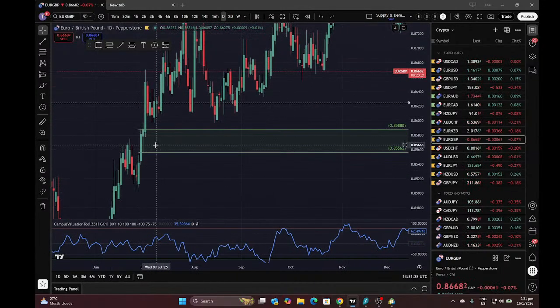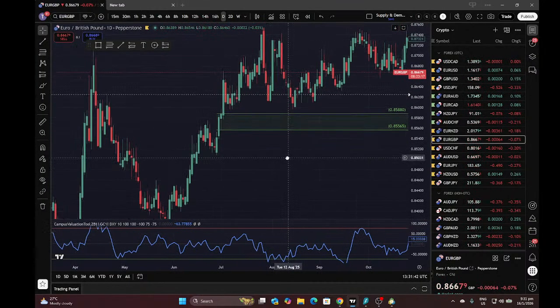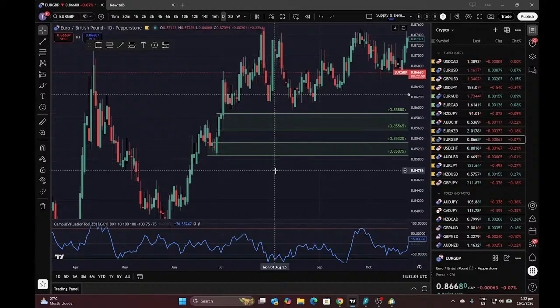This is a rally base rally, and for rally base rally normally we should have another zone at the bottom here, which is where I'm seeing now that over here there's a drop base rally.